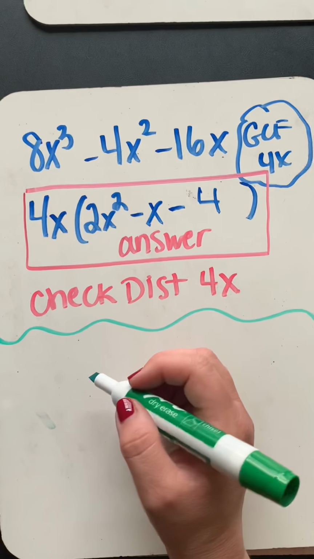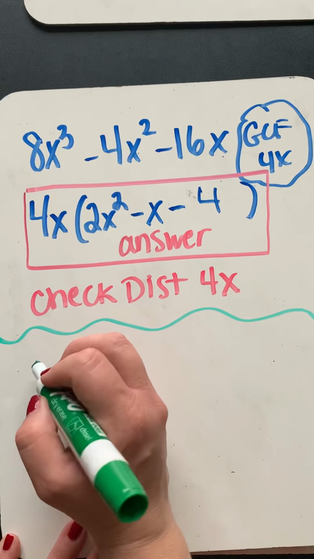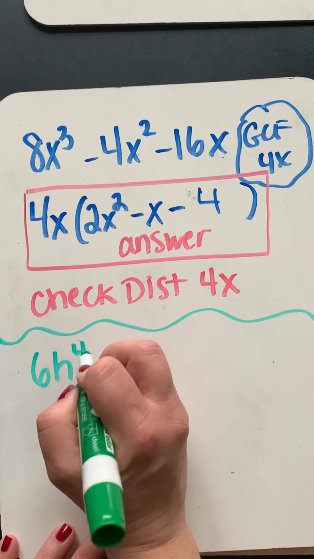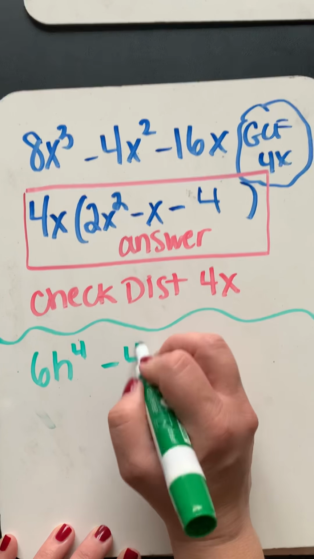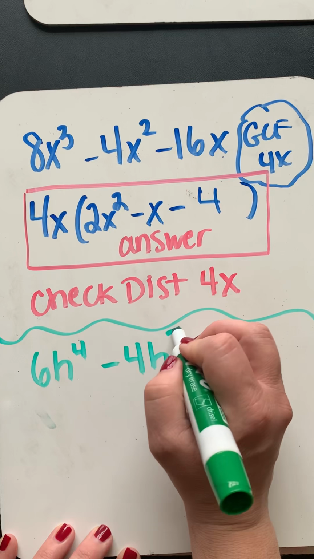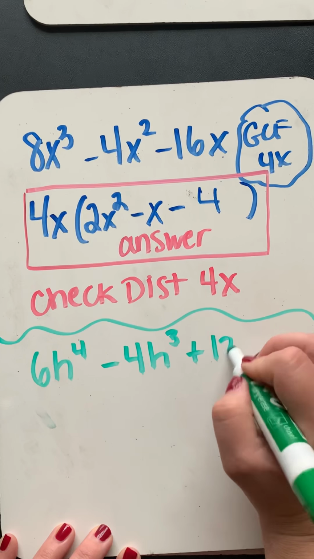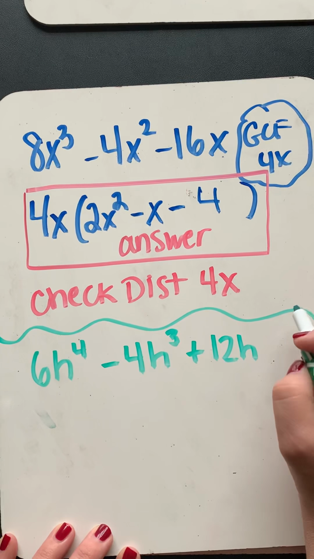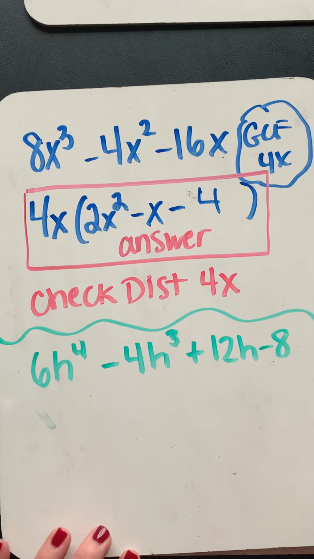Take the example 6h to the 4th minus 4h to the 3rd plus 12h minus 8. They're all divisible by 2, but the last term doesn't have an h.